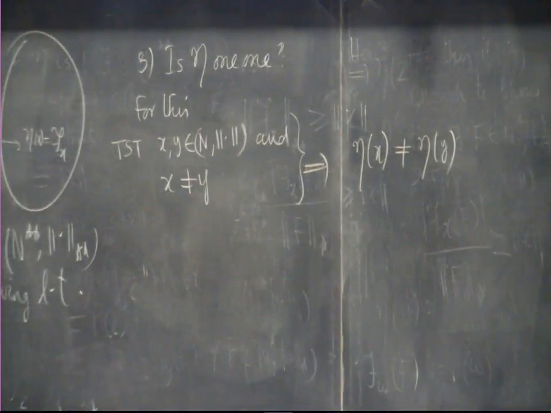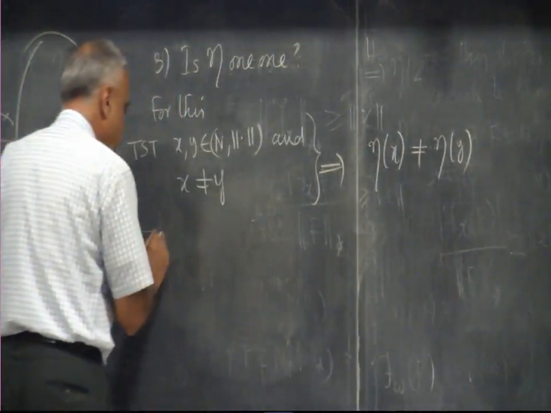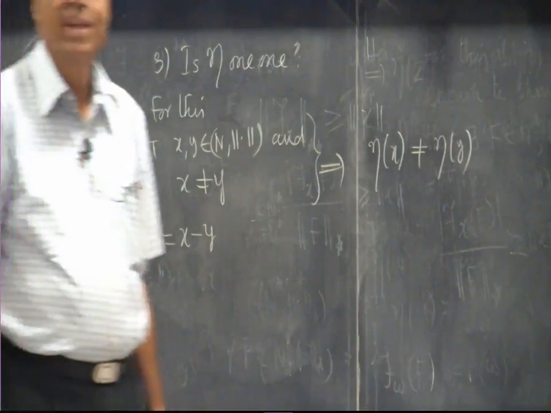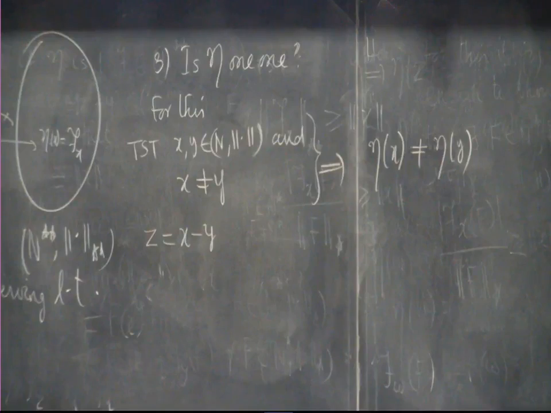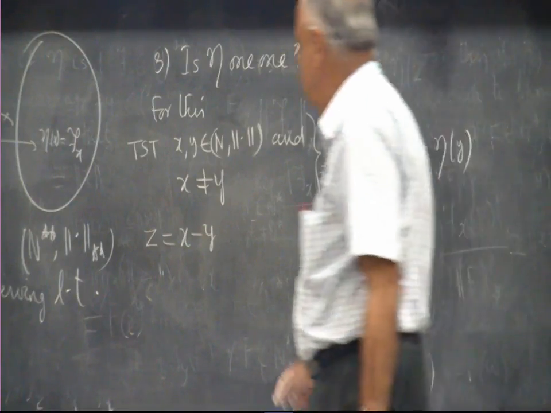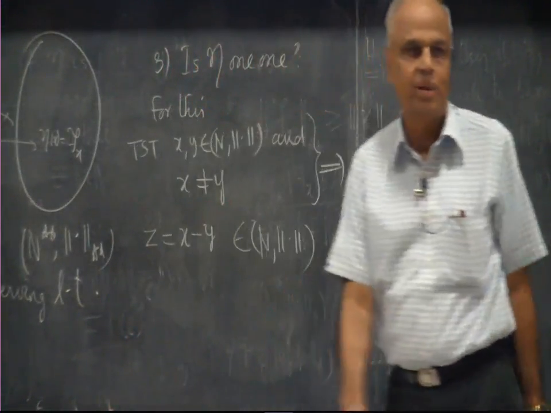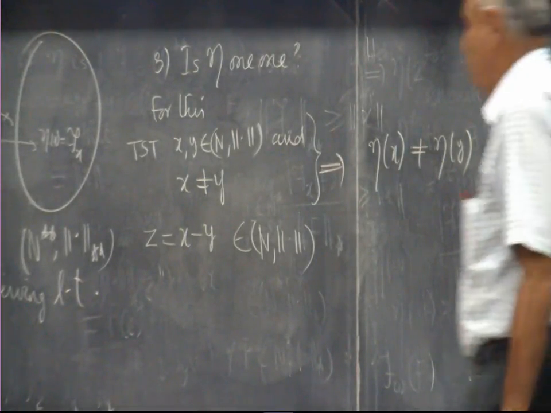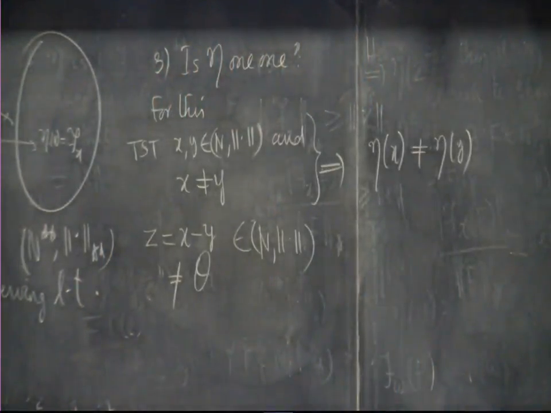So again we see that the lemma comes into the picture. Suppose x is not equal to y, let us call z as x minus y. We are given two different fellows, so x minus y is what I am calling z. Now that is also in N, because N is a vector space, so the difference of two elements will still be there. So z equals x minus y, and z is not 0. Why is it not 0? Because x is not equal to y.